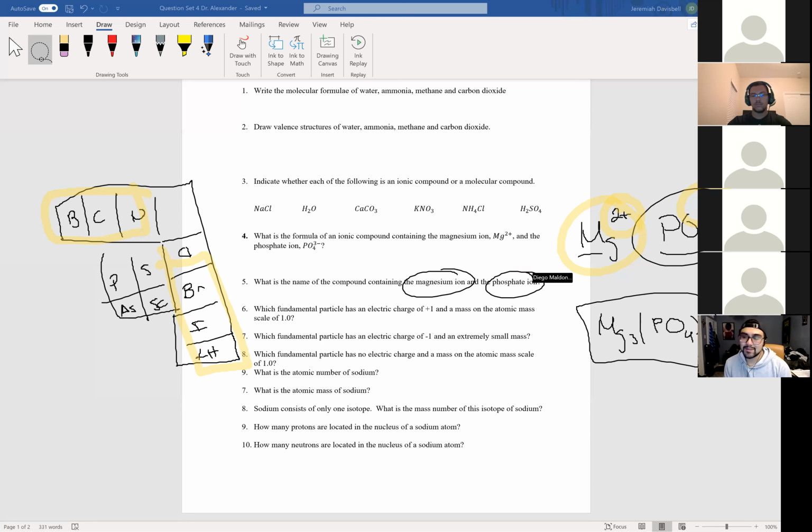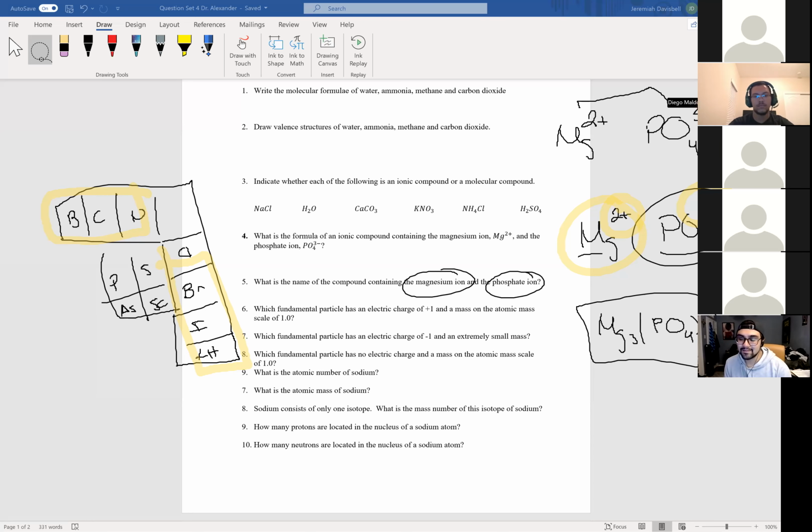So what's the charge of magnesium? 2 plus. And then what's phosphate? Can someone tell me the formula? 3 minus. I'm sorry? 3 minus. Oh, yeah, 3 minus, yes. So 3 minus, and then what would be the name of this compound?